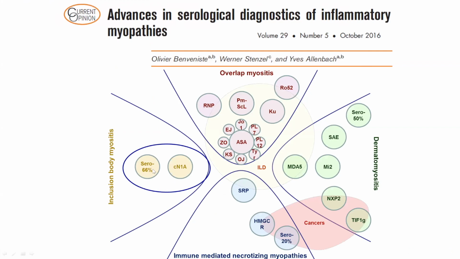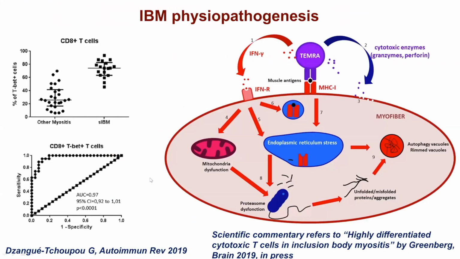To finish, we will move to inclusion body myositis. I don't have enough time to develop antisynthetase, sorry. To make a long story short, there were a lot of debates regarding the physiopathogenesis of this kind of condition, with some degenerative features within the muscles of the patients, with these rim vacuoles, but also a lot of inflammatory infiltrates.